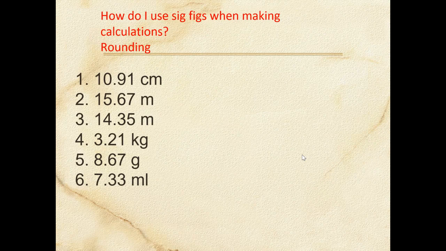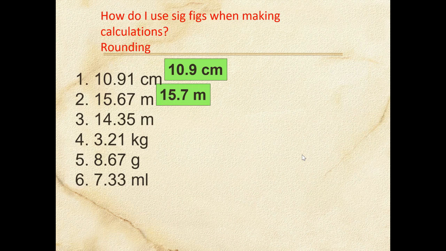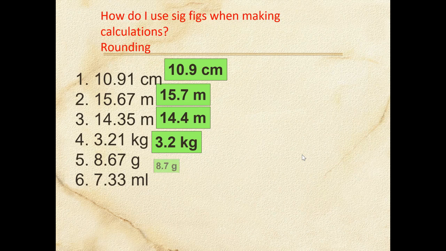So using sig figs when making calculations, we are going to practice our rounding. So 10.91 rounded is 10.9. 15.67 rounded is 15.7. 14.35 is 14.4. 3.21 is 3.2. 8.67 is 8.7.